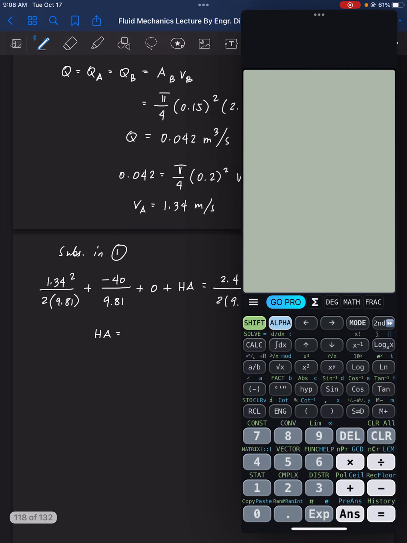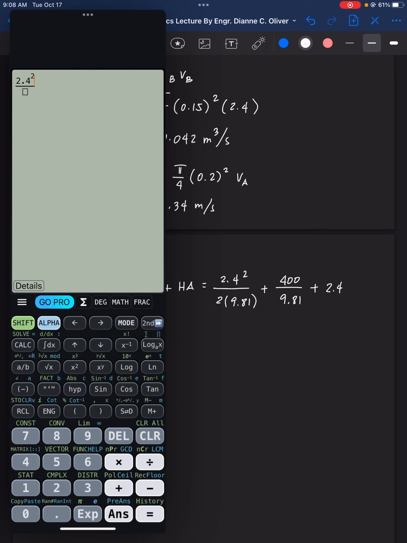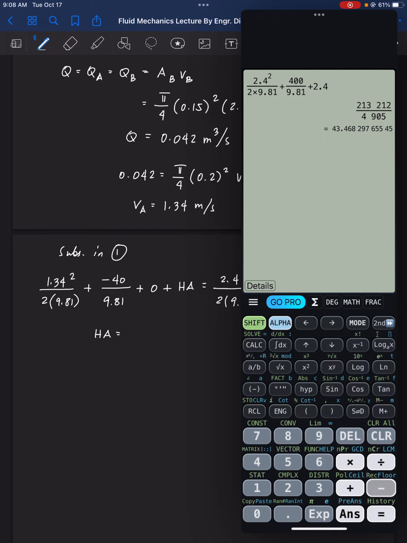Head added is equal to 2.4 squared over 2 times 9.81 plus 400 over 9.81 plus 2.4, minus 1.34 squared over 2 times 9.81, plus 40 over 9.81.